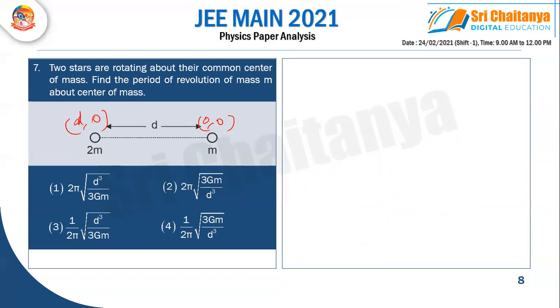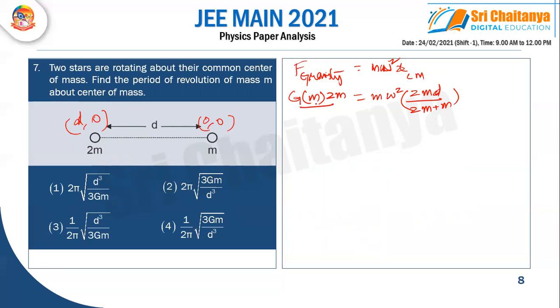Here the gravitational force equals m omega square, taking the center of mass here, xcm, with omega here and here. I'll be going for m omega square, and the center of mass will be 2md by (2m plus m).